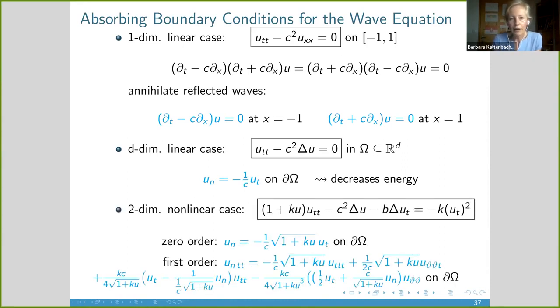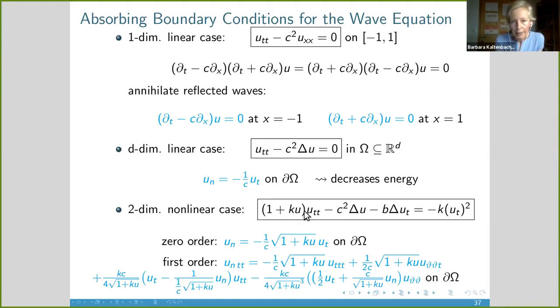Just to give you a flavor of how they look in higher space dimensions and in the nonlinear case, let me point out the role of the effective wave speed here. What you see here is maybe the most simple case, the Westervelt equation of nonlinear wave propagation.